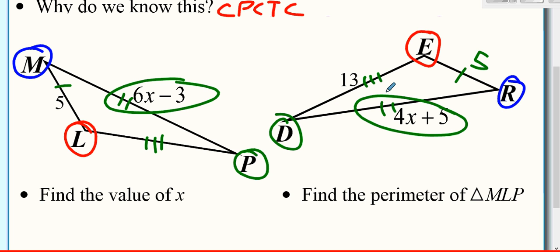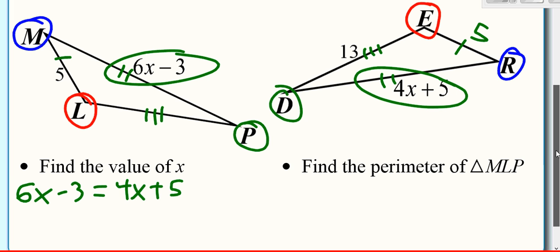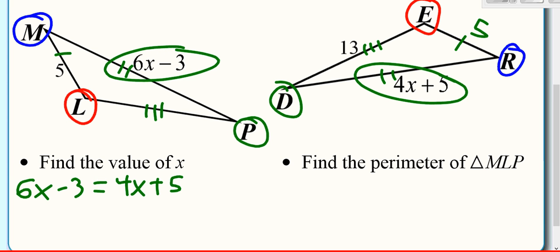We can write an equation from that because we know both sides. 6x minus 3 equals 4x plus 5. And then we can solve that. So we're going to get our x's together on one side and solve for x. Use your algebra.